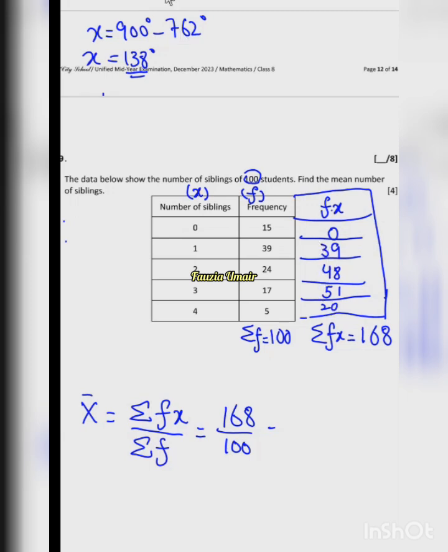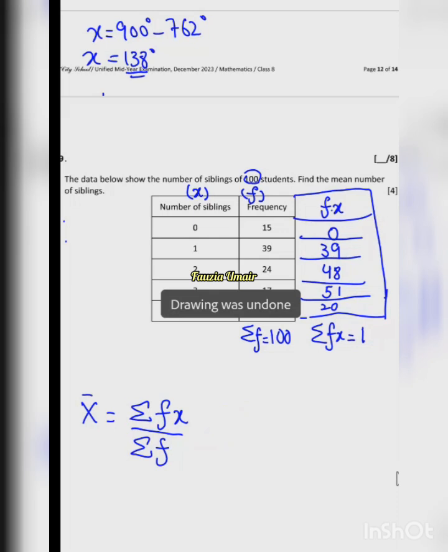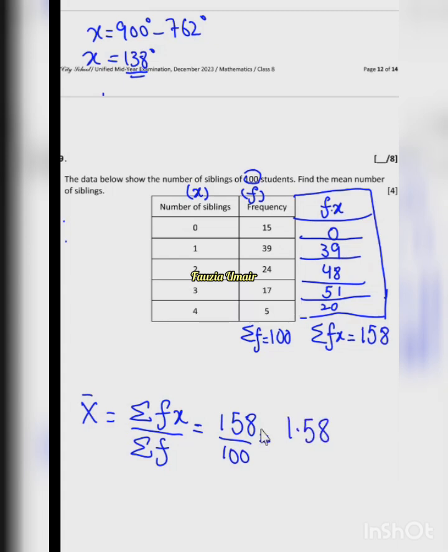That's right, the sum is 158. The addition is wrong. It is 158. 158 by 100 would be? 1.58. That's right, because the decimal is at the end of 158, and we are dividing by 100, so we move the decimal two places backward. So 1.58.